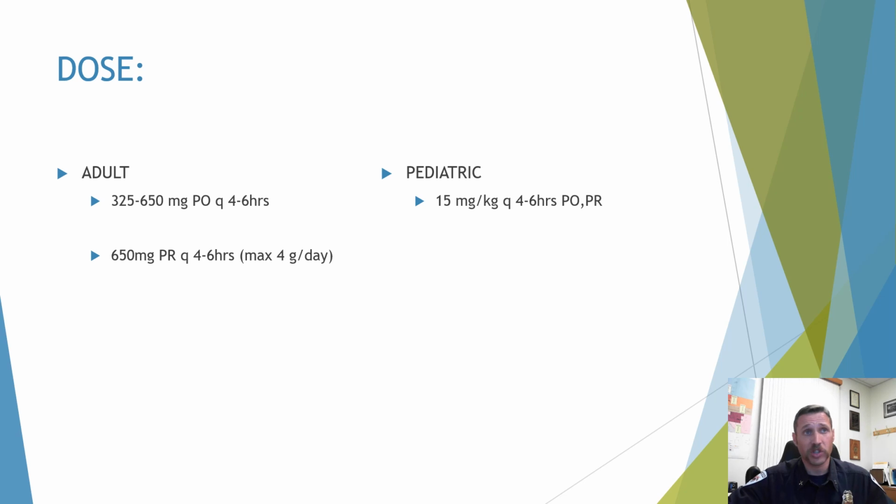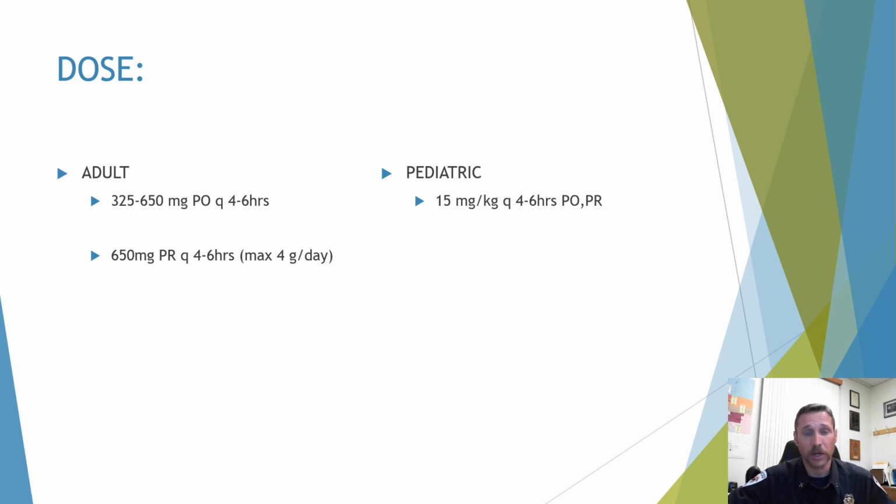This is given every 4 to 6 hours, and this is our go-to dosing for management of mild to moderate pain. You do also have options depending on the setting and the system that you work within to administer to adult patients perirectal. This dosing is 650 milligrams every 4 to 6 hours, and you want to be very mindful that your max dose for the adult population is going to be 4 grams per day, or 4 grams in a 24-hour period.